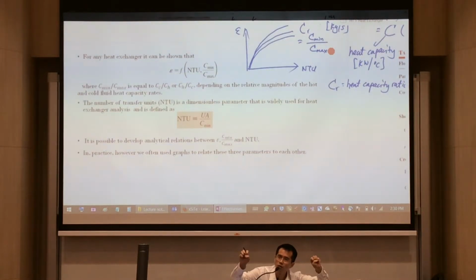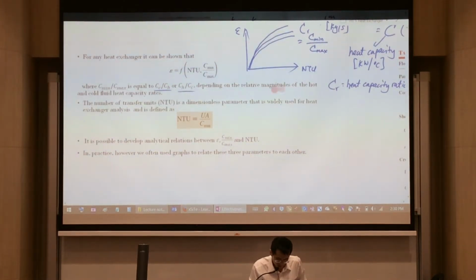Do the same for the cold fluid and then compare them. The smaller one will be your C min, and the other one will be your C max. Take that ratio, that gives you your heat capacity ratio. So you could see that's what it's trying to say over here. It can be equal to this or equal to this, depending on if your hot fluid or cold fluid has the maximum or minimum size. Later on there will be an example to show you that. The NTU is not a university.